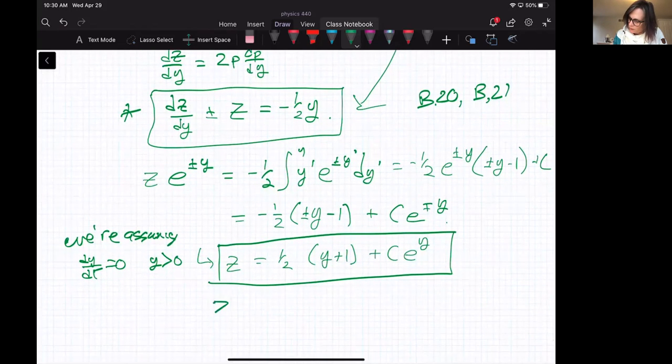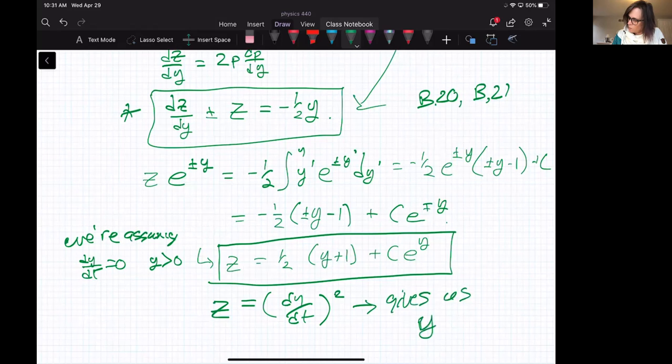And we have to realize that z is equal to (dy/dt) squared, right? So ultimately, this gives us at least y prime, and then maybe y of t. It depends on initial conditions.